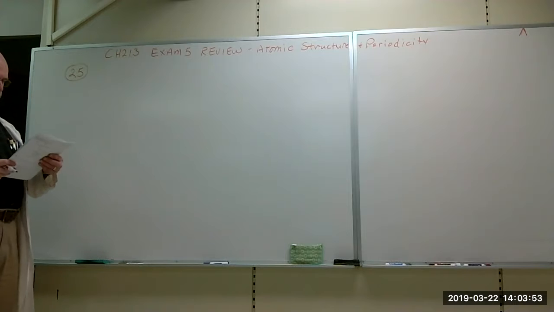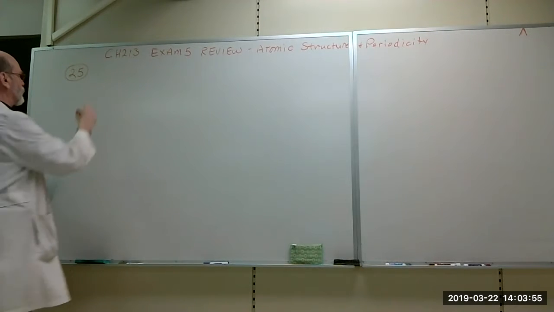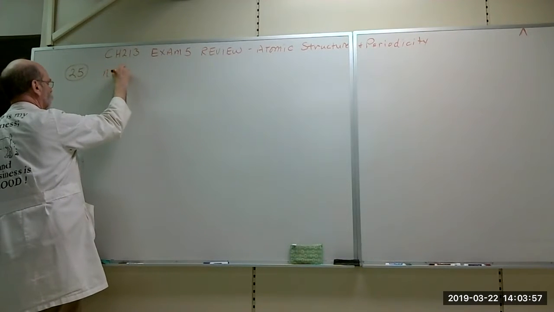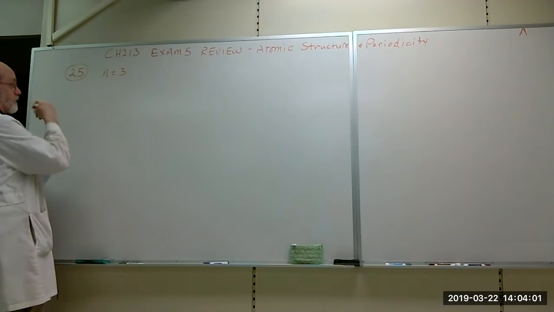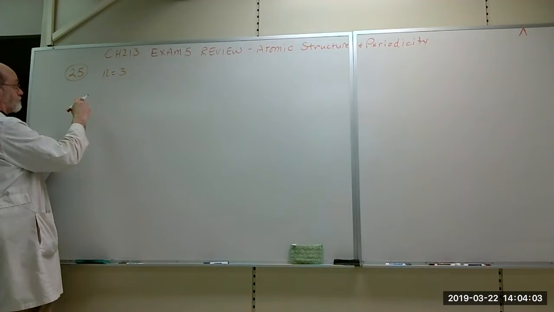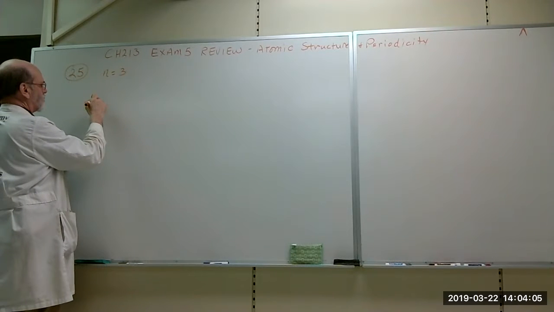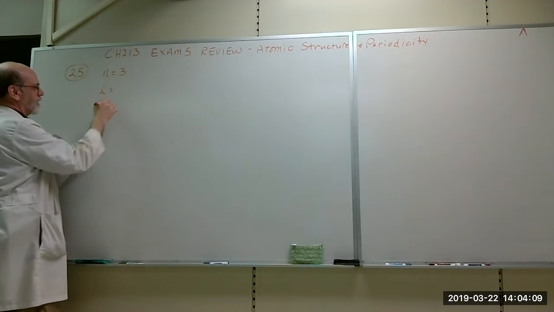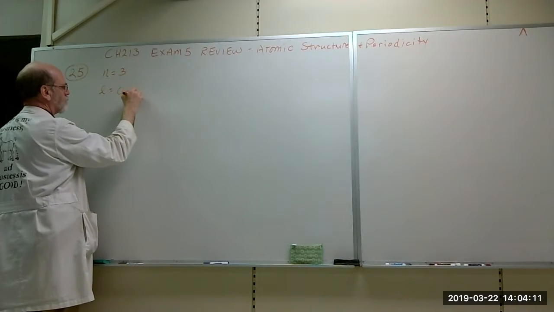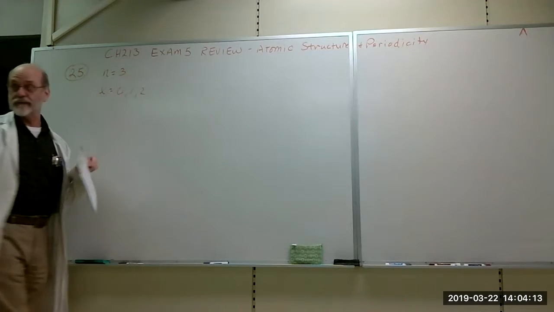So how many f orbitals have the value n equals 3? If n equals 3, what can L be? L can be either 0, 1, or 2, right?